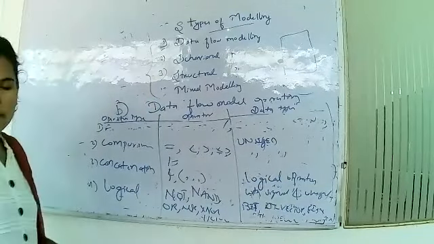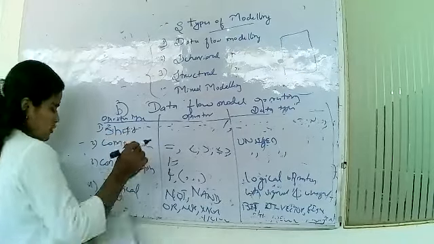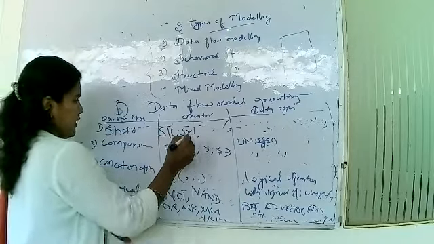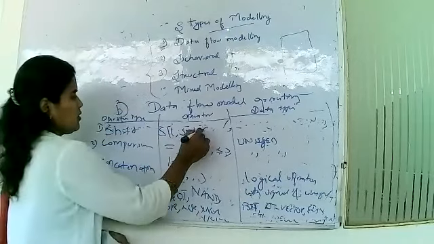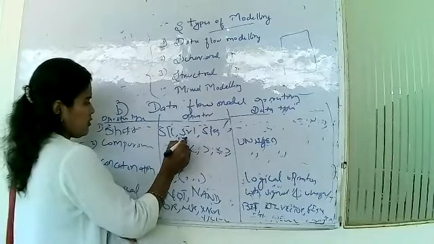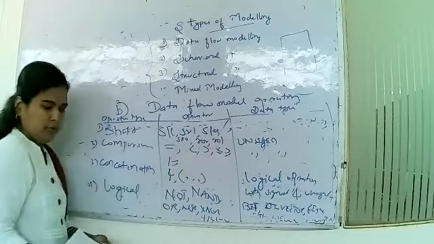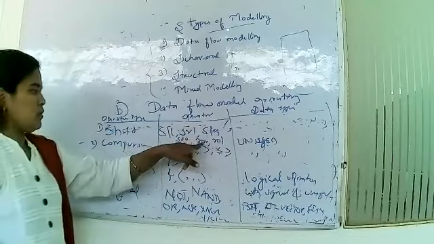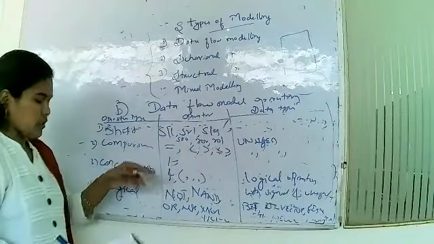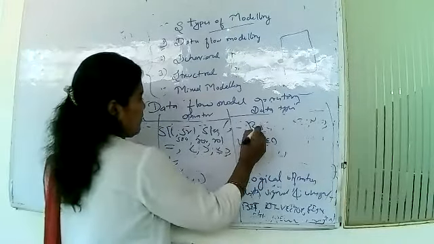These are the operators. Last one is shift. The operators are shift right, shift left, SLA, and rotate right, rotate left. These are the operators for the shift operation, applied to bit vectors.